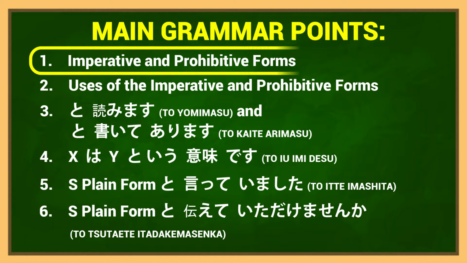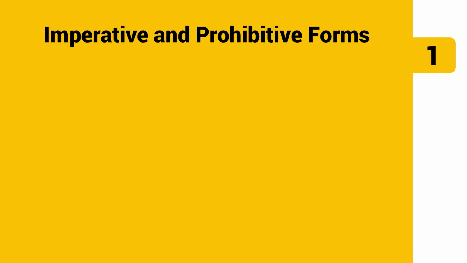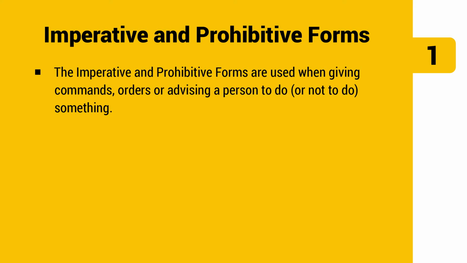First topic is imperative and prohibitive forms. The imperative and prohibitive forms are used when giving commands, orders, or advising a person to do or not to do something.